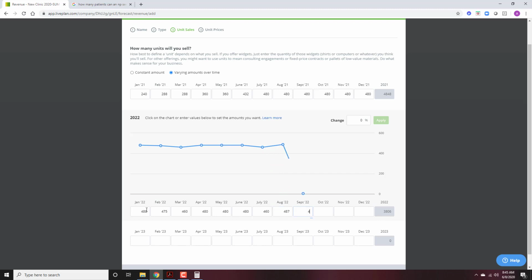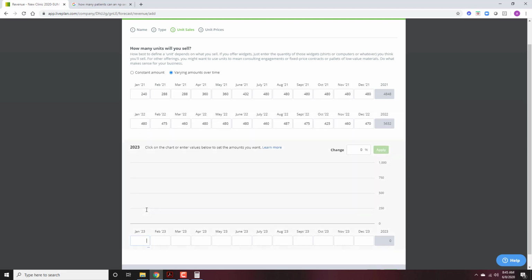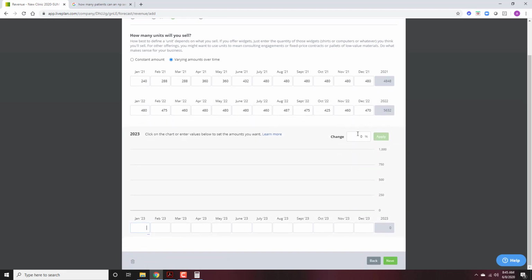We get a little 475. Okay. And we could just straight across the board apply a 2% change. Or we fill this out. So 480. Let's say you get even more efficient, or you're just seeing lots of patients.